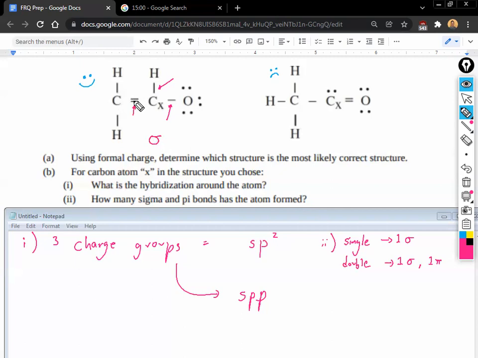The double bond has 1, so that's 3 sigmas, and the double bond contributes 1 pi bond. If you have no idea what I'm talking about right now, go do your reading, go watch some YouTube videos, because this was part of the self-study portion. So that's the answer for part 2: there are 3 sigmas and 1 pi.